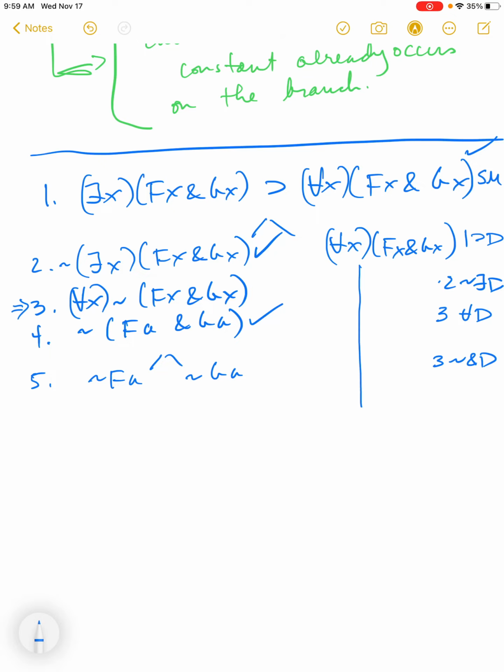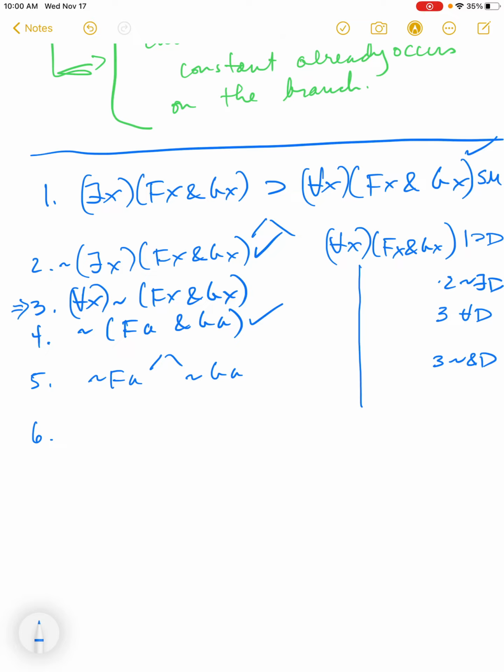And now I'm going to look at the right-hand side of the branch, which is a universal quantification. Note that on the right-hand side of the branch, there is no constant yet, because A is only on the left-hand side.